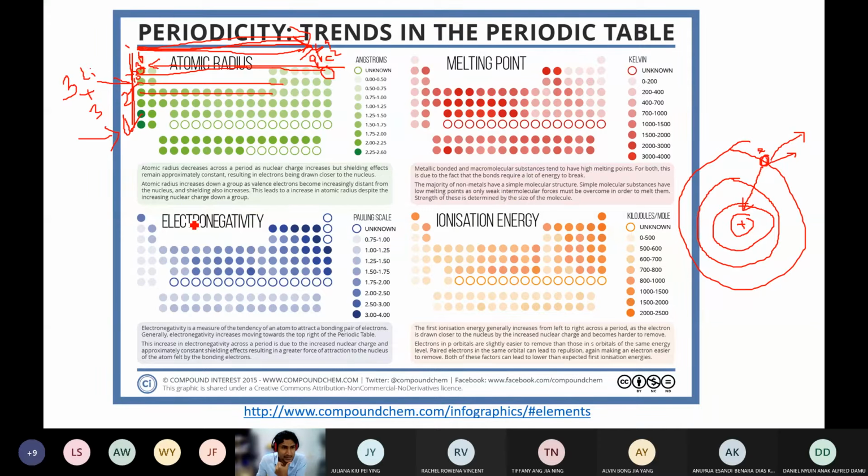And this is electronegativity. Electronegativity is how much it attracts electrons towards itself. On one atom, how strongly it attracts electrons to itself to make a bond.